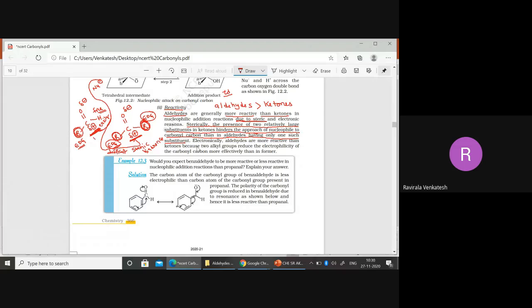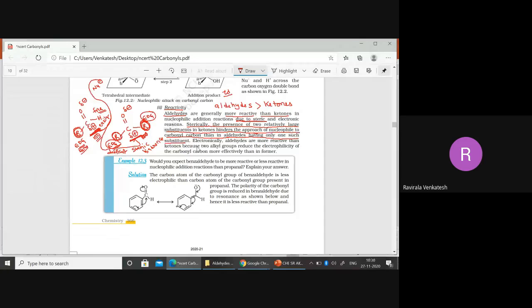Just imagine this aldehyde carbon requires something. It requires 100 rupees. This one is also requiring 100 rupees. Both require 100 for paying the school fee. Then one electron donating group is like the mother, and just imagine this is the father.